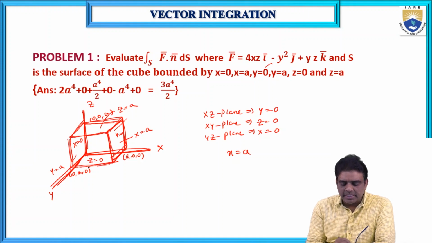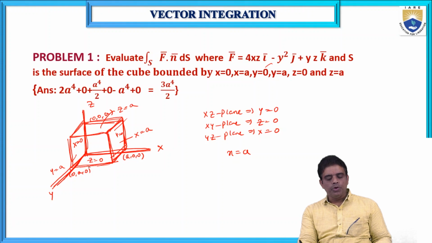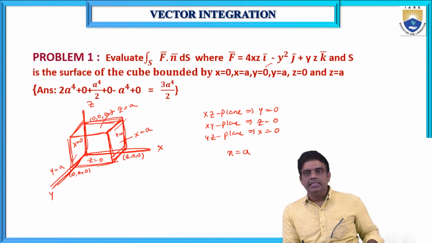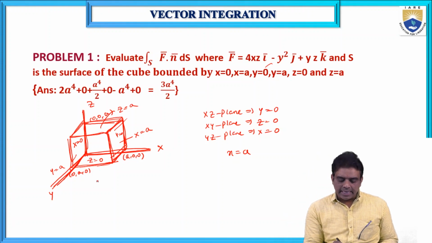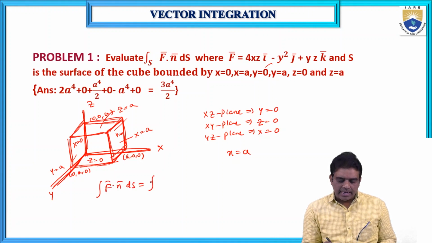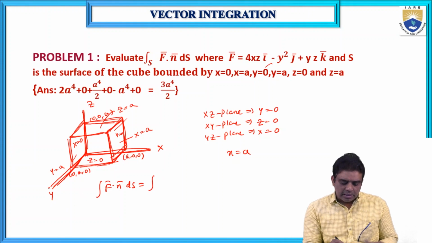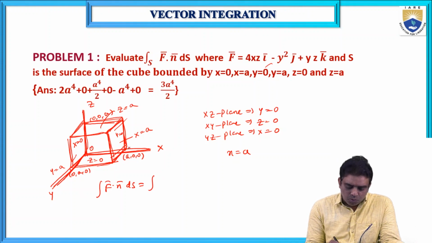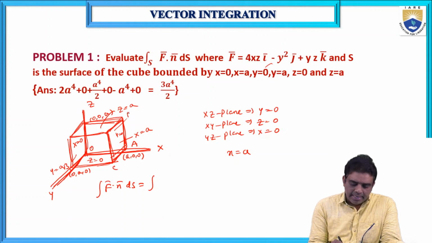So there are 6 faces of the cube. We have to integrate over each and every side. That is, integral F bar dot n bar dS is nothing but the integral over each face. Suppose you name the vertices as O, A, B and C, and so on.